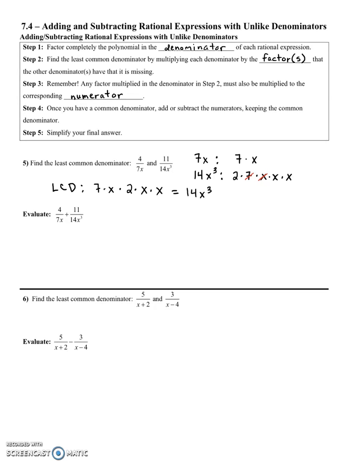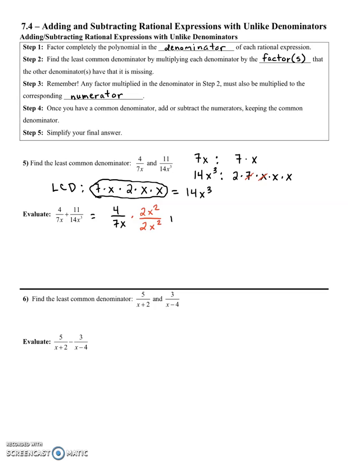So how do we evaluate the sum then of those two expressions? Well, we had 4 over 7x, and if we go back to this part where our least common denominator is fully factored out, you see we have the 7x, but we're missing a 2x squared. So let's multiply that term by 2x squared over 2x squared.